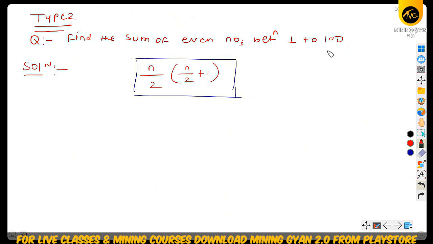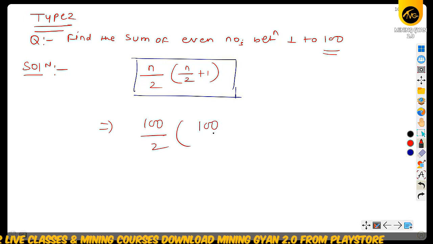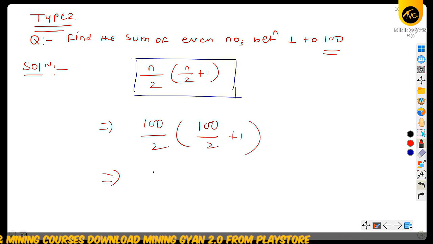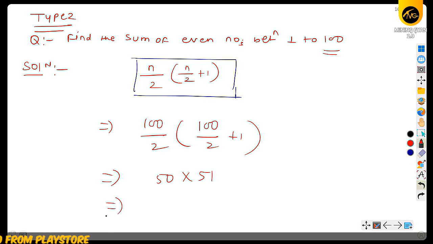In this case, the highest number is 100. Now 100 divided by 2 into 100 divided by 2 plus 1. This is 50 and 50 plus 1, that will be 51. Just multiply 51 into 50, and that will be the answer, the sum of even numbers between 1 to 100.